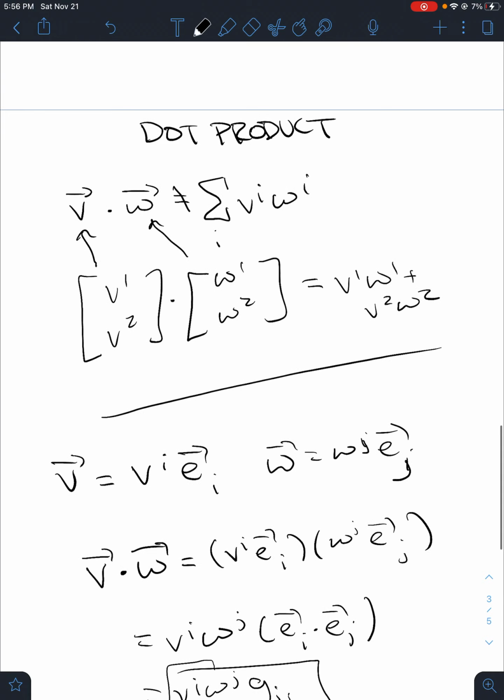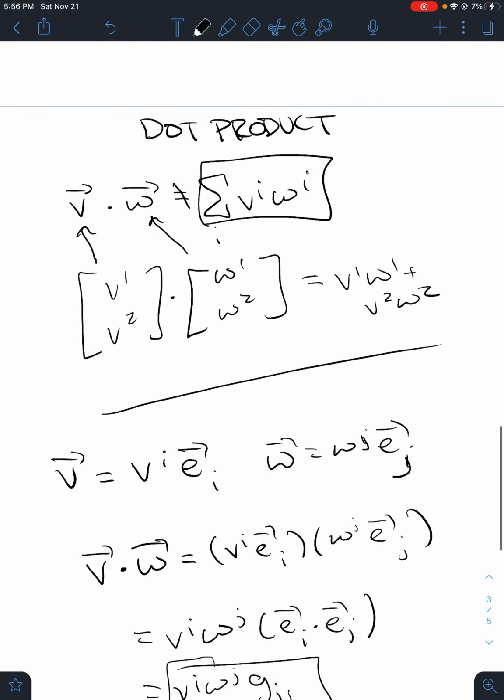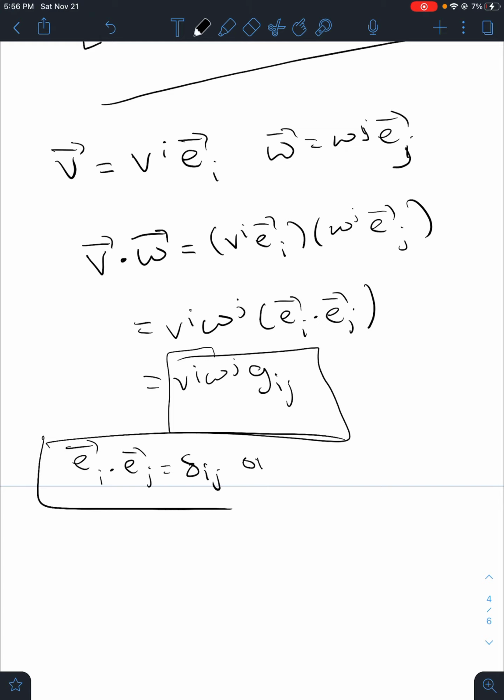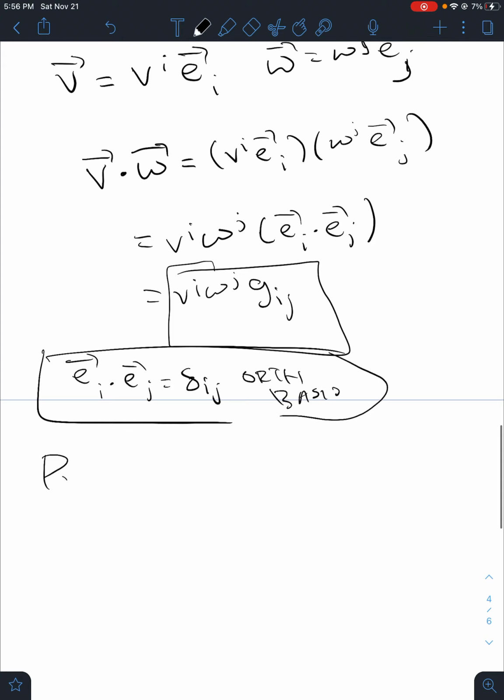In fact, this formula over here only applies in an orthonormal basis, where e_i dot e_j is the Kronecker delta. Let's do an orthonormal basis, and we can provide a proof for that right now.